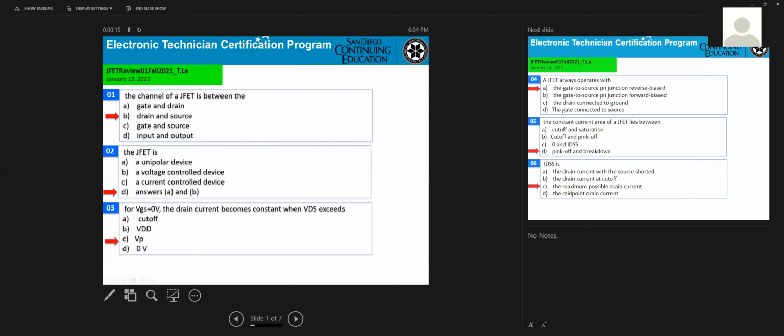Yes. Okay, that's number one. The channel of a JFET is between what?